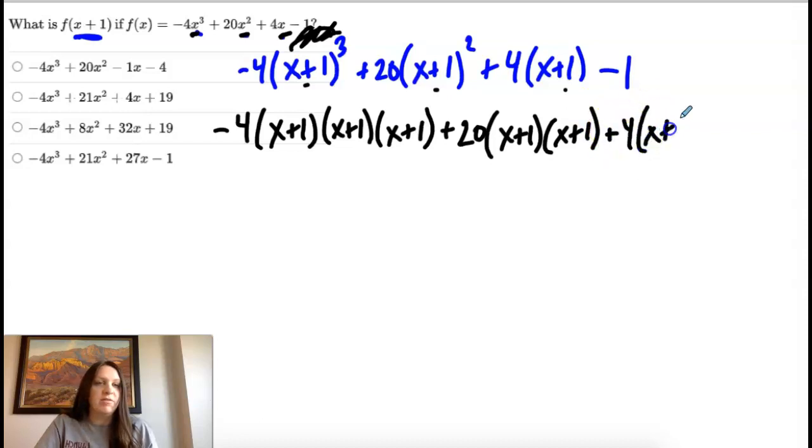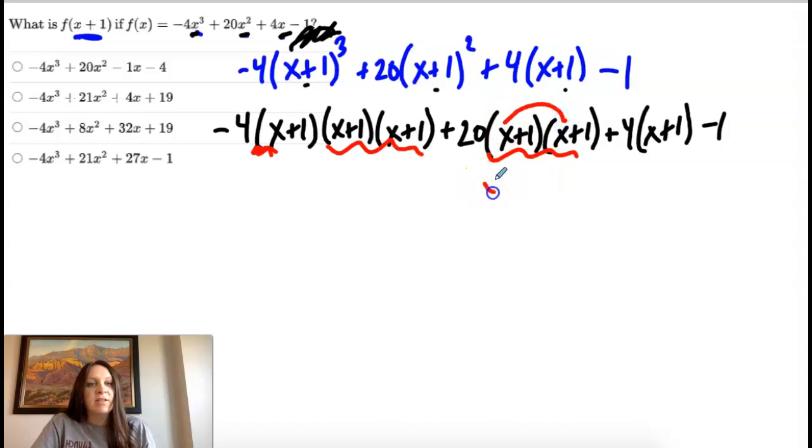And then 4 times x plus 1 minus 1. So this is a lot of simplifying. Let's start with x plus 1 squared. That is x squared plus x plus x plus 1. So x squared plus 2x plus 1.